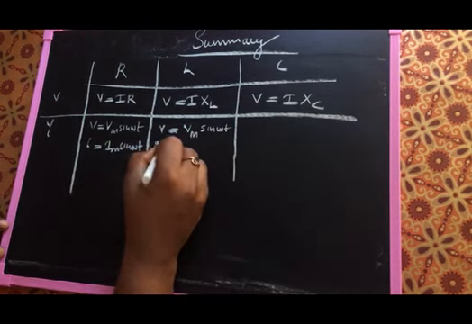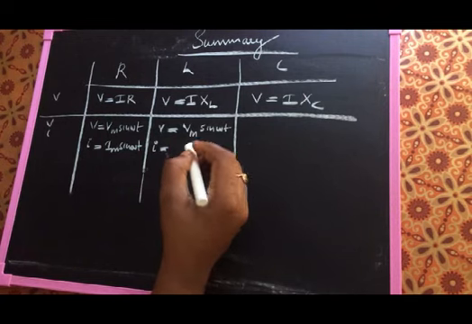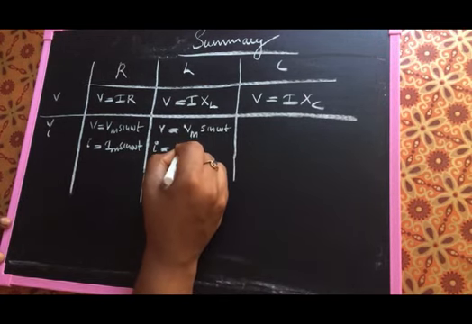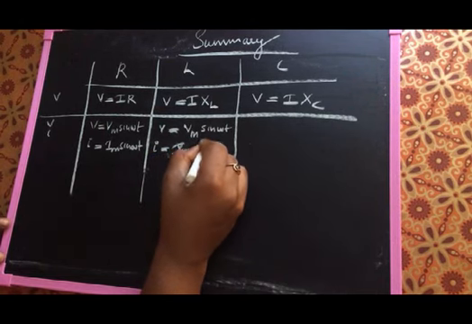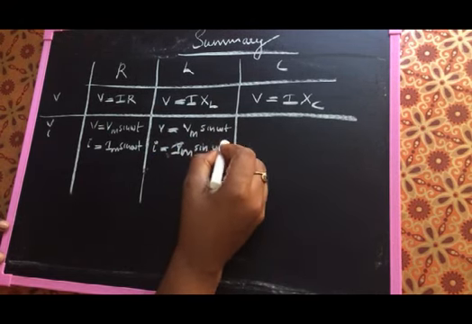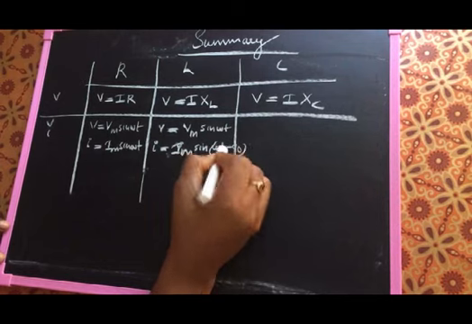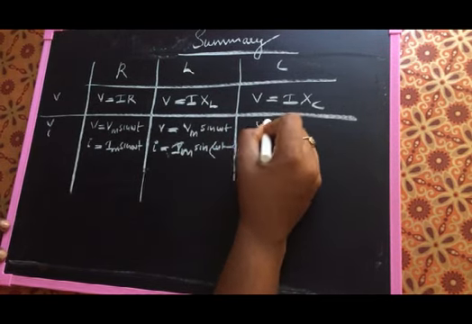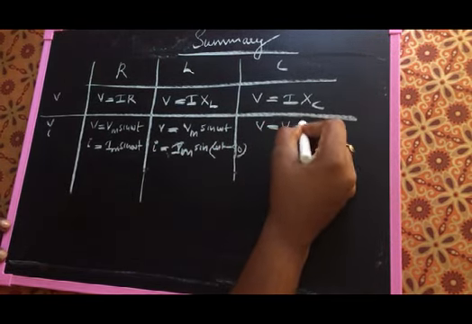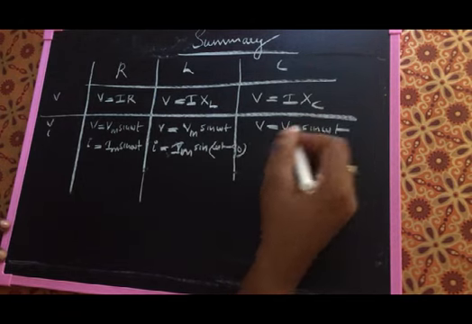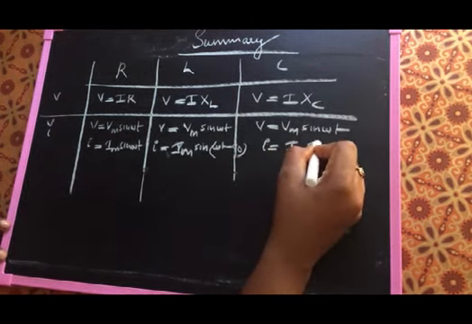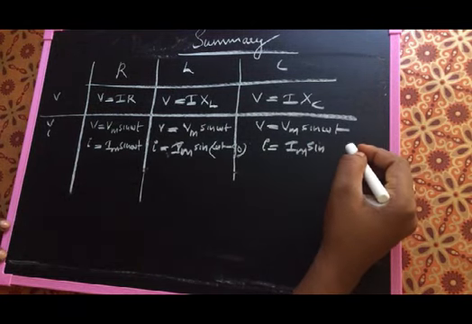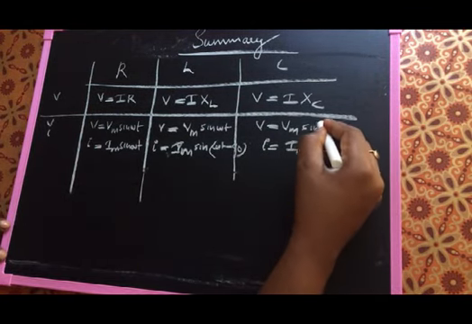In the inductive circuit, what will be the current? Current lags voltage by an angle of 90 degrees. That is I is equal to Im sin omega t minus 90 degrees. Here also we are taking V as reference, Vm sin omega t, and what will I be in a capacitive circuit?